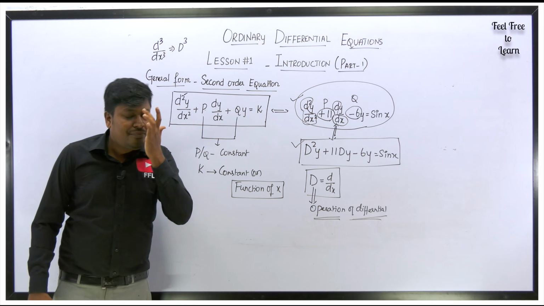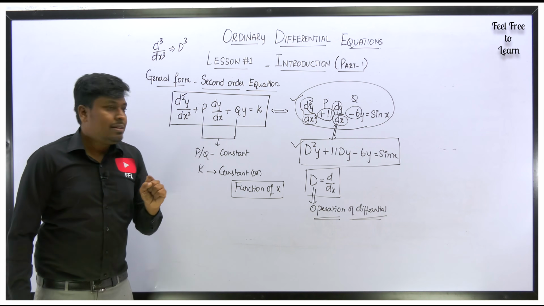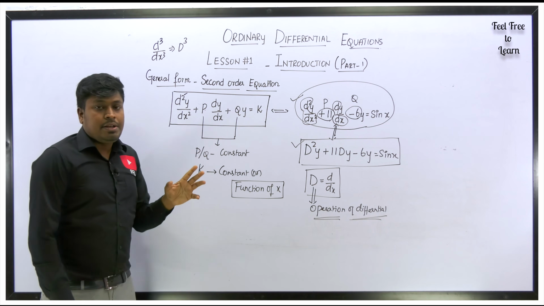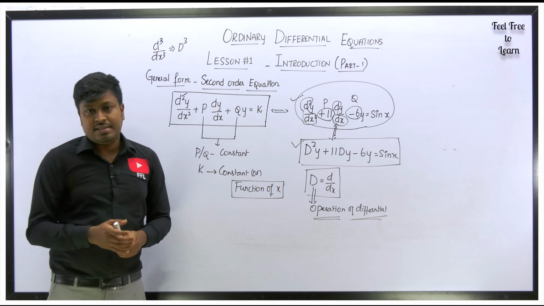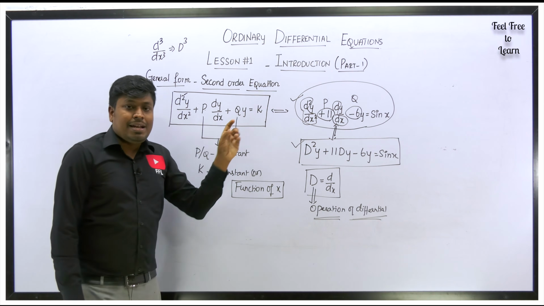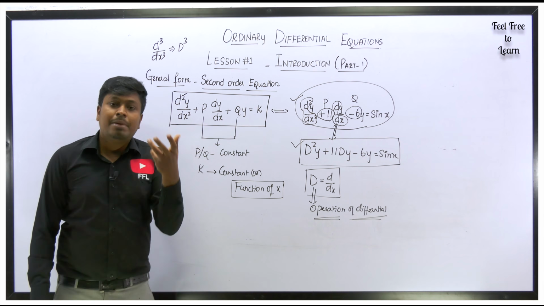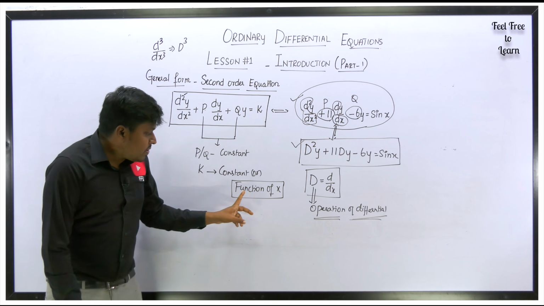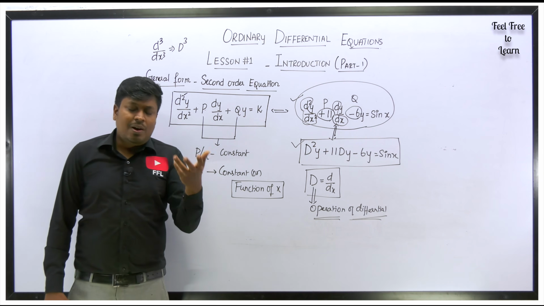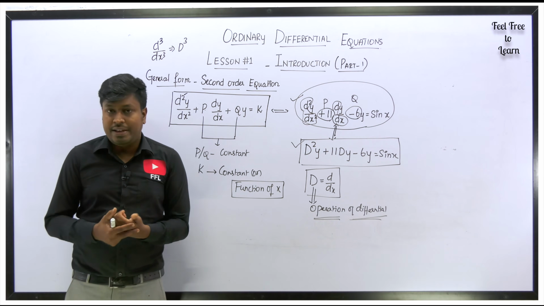If it is d power 1, first order. Second important thing is the value of p and q. The p value and q value will always be constants. What about k? There will be two chances. Either the value of k can be a constant, or else the value of k can be a function of x. What is called a function of x? Sin x, cos x, etc. These are called functions of x.